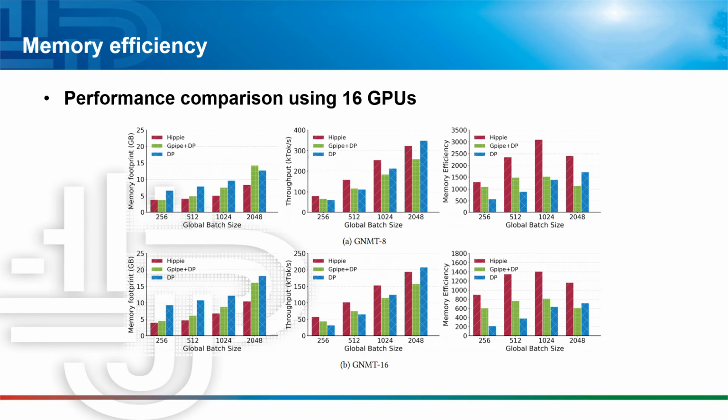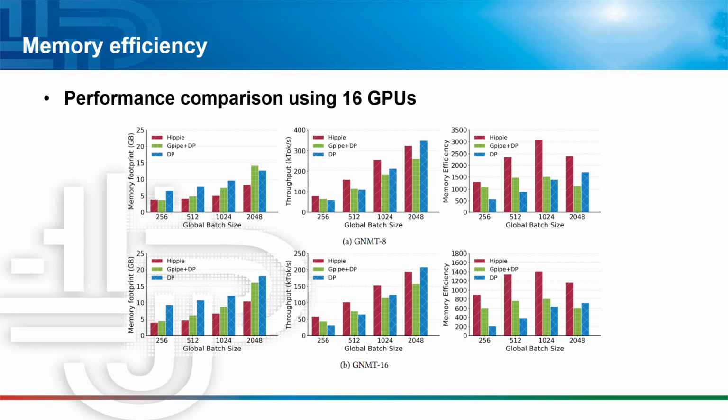The figure shows performance for all models with a fixed number of GPUs equal to 16. With the contribution of the communication schedule, Hippie maintains a decent throughput. Meanwhile, as shown in the fourth column, Hippie could keep the memory footprint at a low value, only half of DP in some cases.